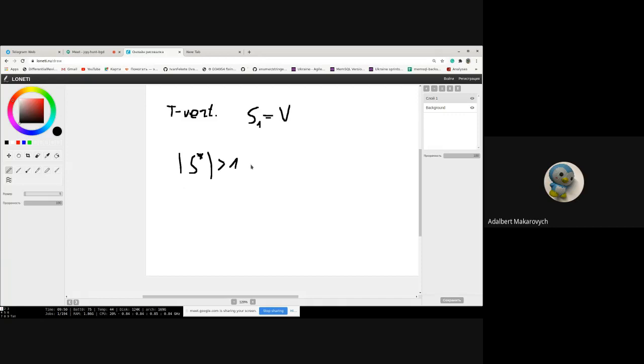And what should we do now? Now we can just take two arbitrary G vertices from this S star and find a min cut for them in G. Let's say that we found a min cut for x and x tilde.